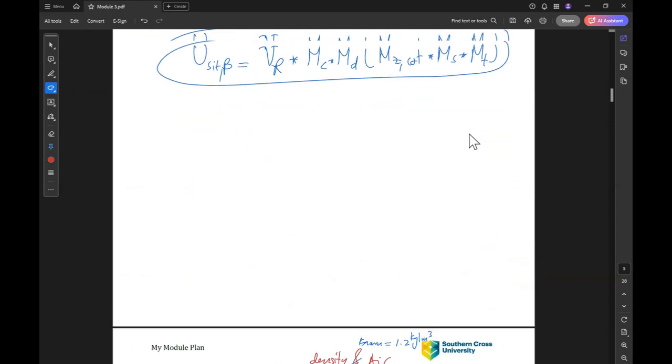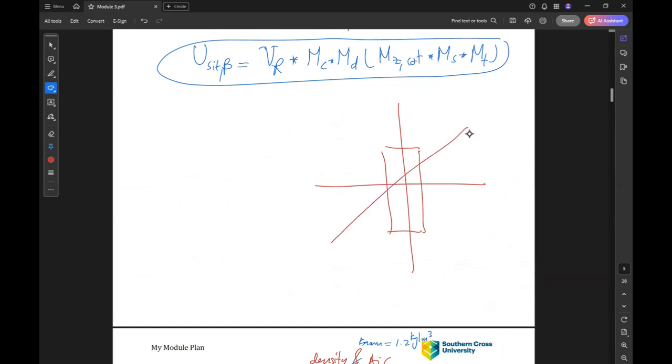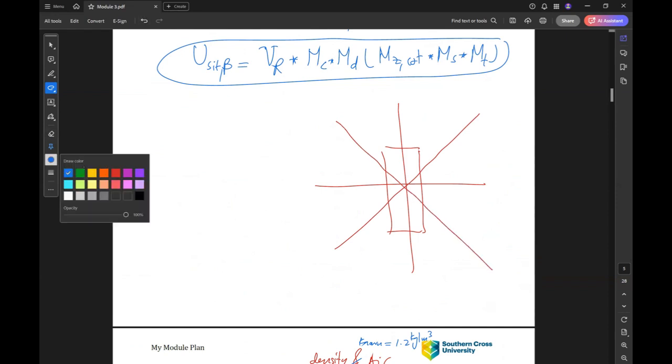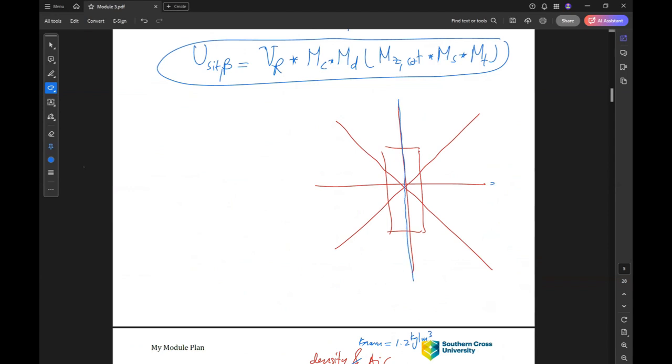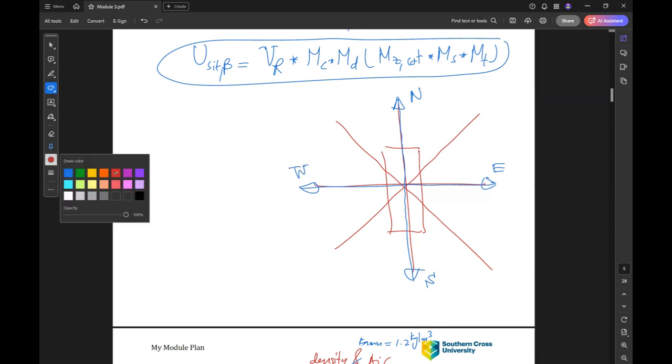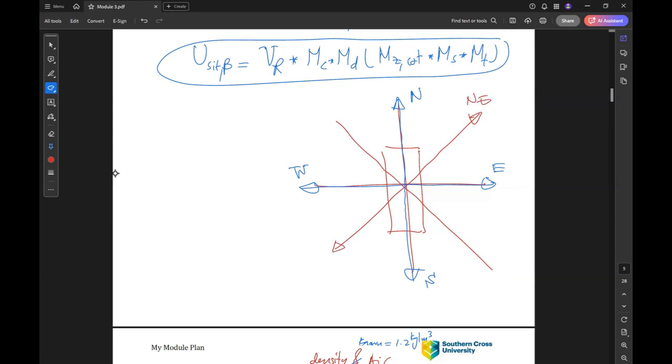This will be easier. So for example, if we have a building like that, these are the cardinal wind speeds, and the orthogonal wind speeds will align with them. So if you get the cardinal wind speed, you can easily find the orthogonal wind speed. Okay, so this is only a special case, not all the time like that.